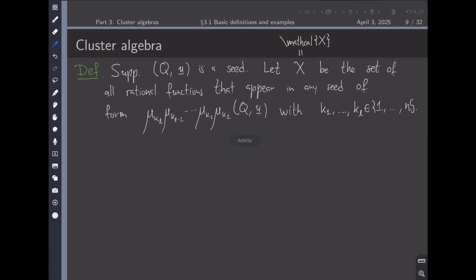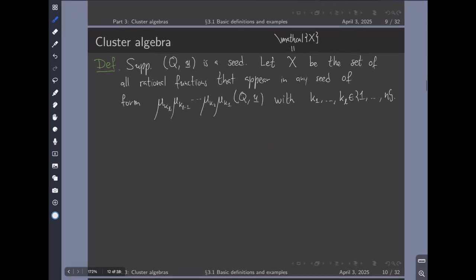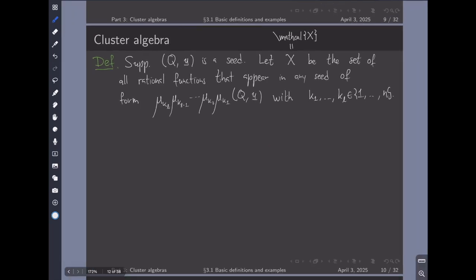But okay, then the elements of this calligraphic X, which looks like a chi, are called cluster variables.